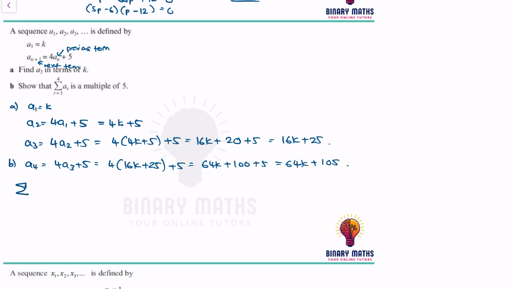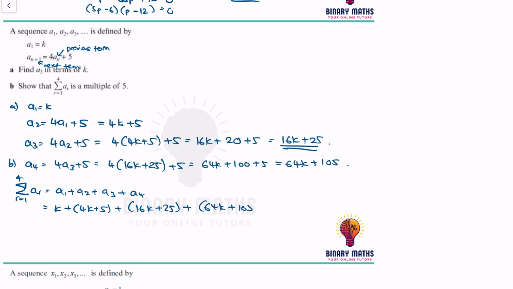So the sum of AR from R equals 1 to 4 is equal to A1 plus A2 plus A3 plus A4, which is equal to K plus 4K plus 5 plus 16K plus 25 plus 64K plus 105.